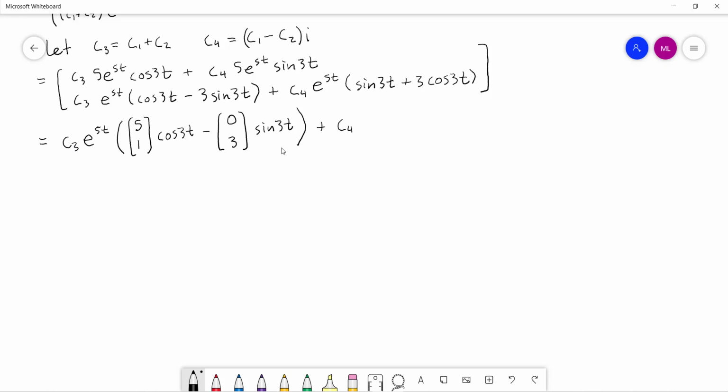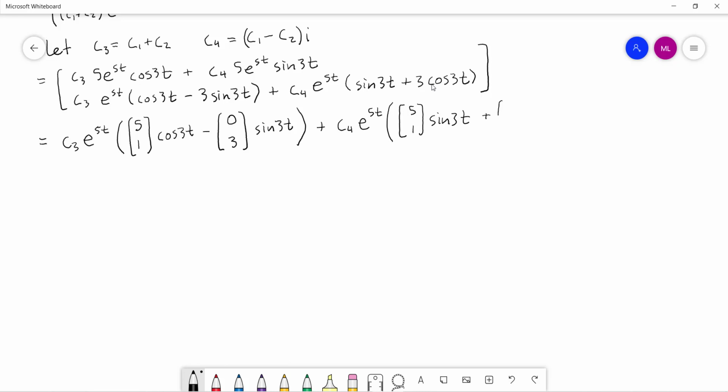They also have an e to the 5t that's been pulled out. And we're going to get now a 5, 1 for the sine of 3t term. Right? 5 of the sine of 3t is on top, just 1 of the sine of 3t is on the bottom. And then for the cosines, we have 0 on top and 3 on the bottom.